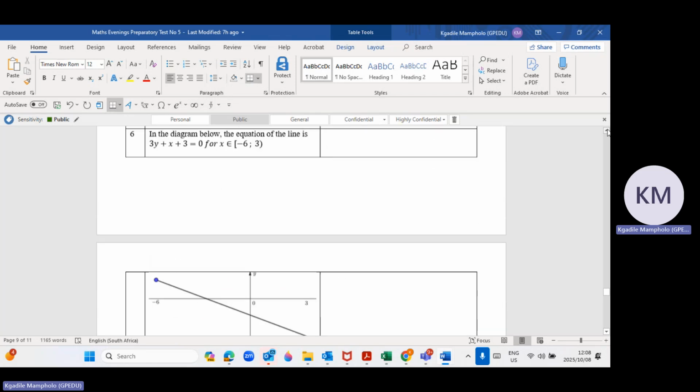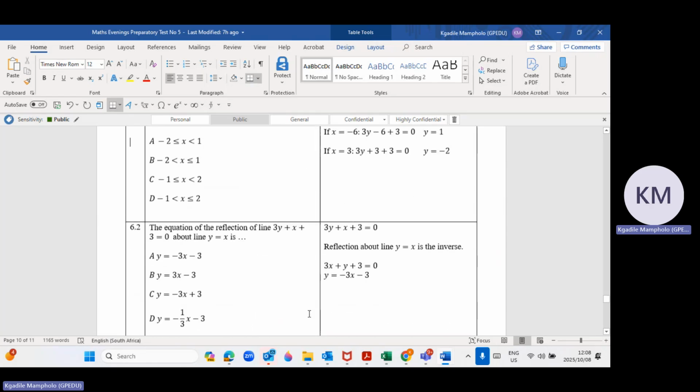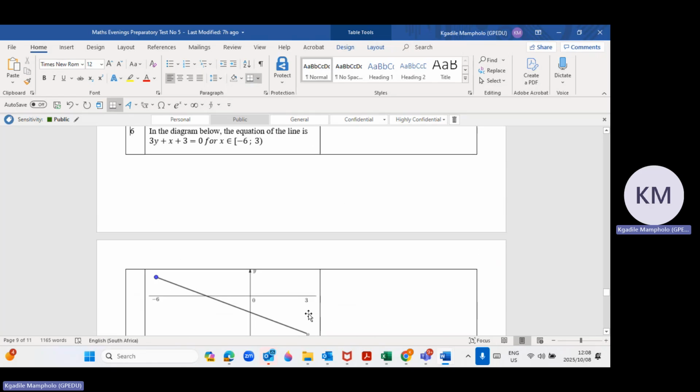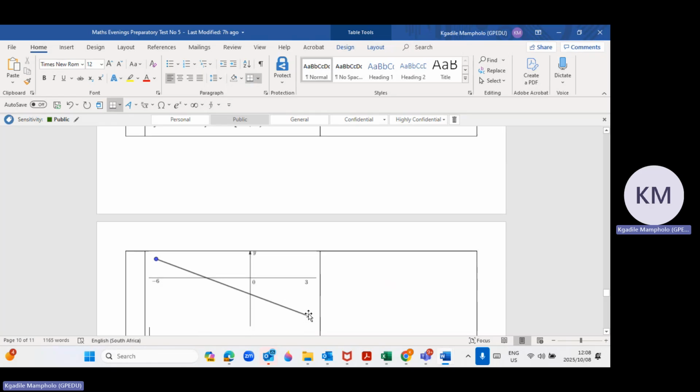We see that this is not a continuous line. It is an endpoint. This is shaded. This is a hole. It means x is not the element of real numbers. X is between -6 and 3, including -6, excluding 3.